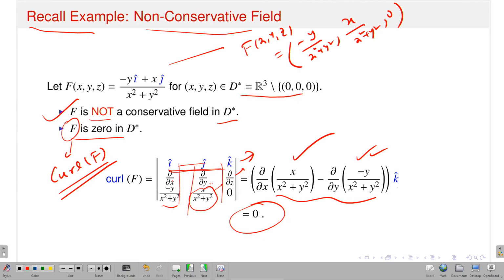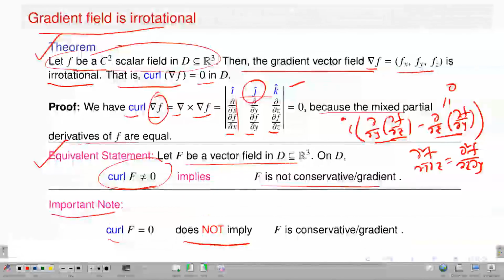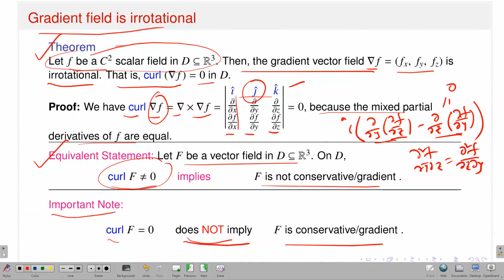Therefore, curl of F is 0. So now I have an example of a non-conservative vector field where curl of F is still 0. Therefore, this is the conclusion: curl of F being 0 does not always imply that my vector field F is conservative and gradient. However, if curl of F is non-zero, it always implies that my vector field is not conservative or gradient, because of this theorem.